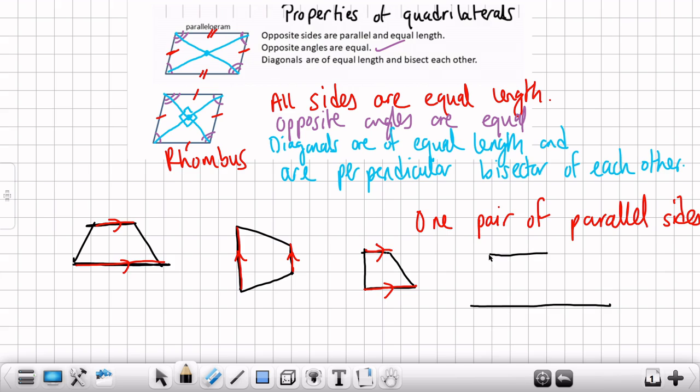And all you're going to do now, you know this is parallel to this, right? All you're going to do now is join these up like this. That's a trapezium. You can have another one. Look, any two parallel sides. So this is parallel to this, and all you're going to do then is join it up. That's a trapezium as well.